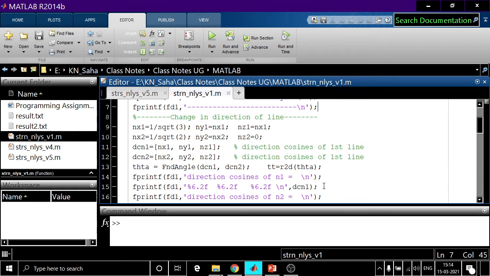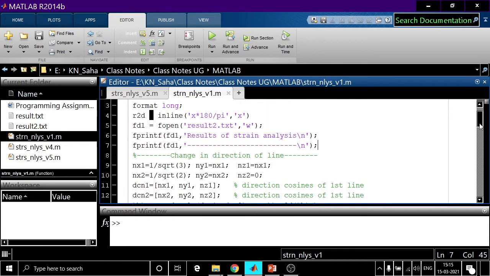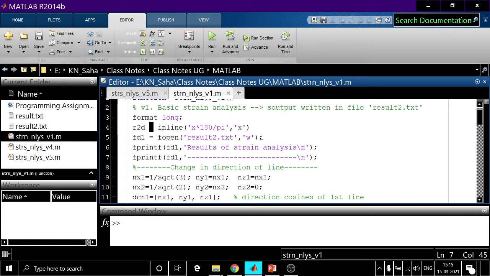In your calculation you might want 4, 6 or more decimal digits. So what you have to do is change this part to 6.4, 6.5, etc. Then you will get that many digits. In addition, in our code we have used format long. Format long means we will get at least 8 decimal digits in our result.